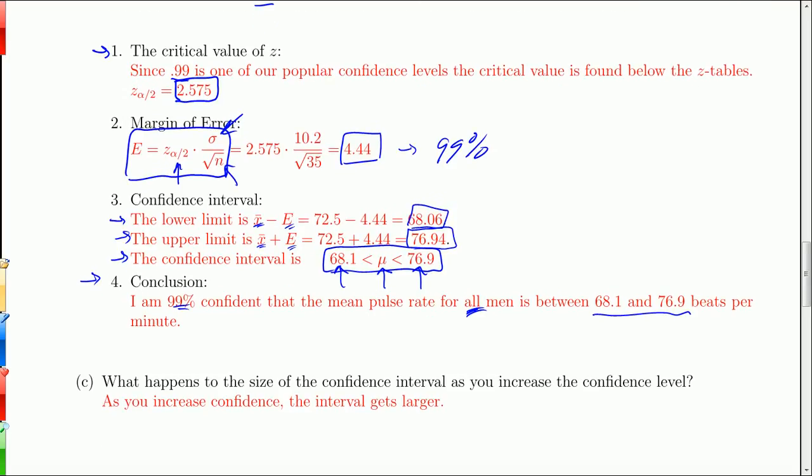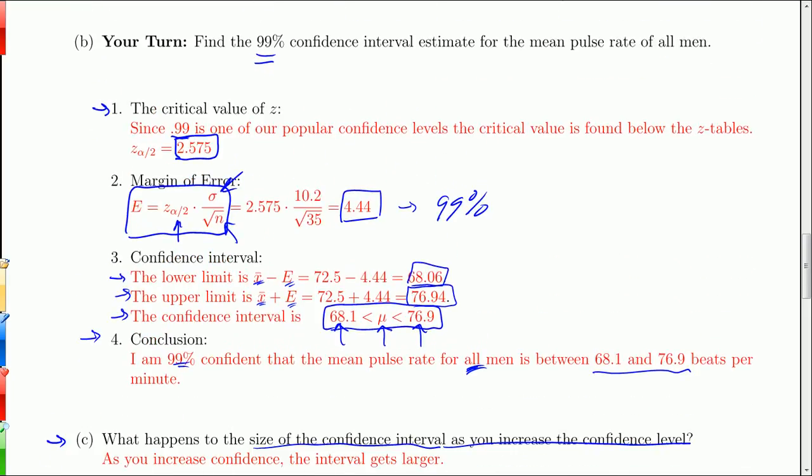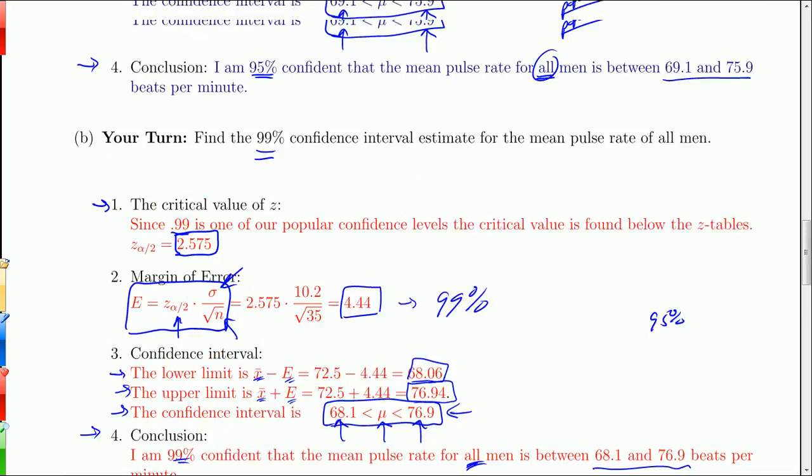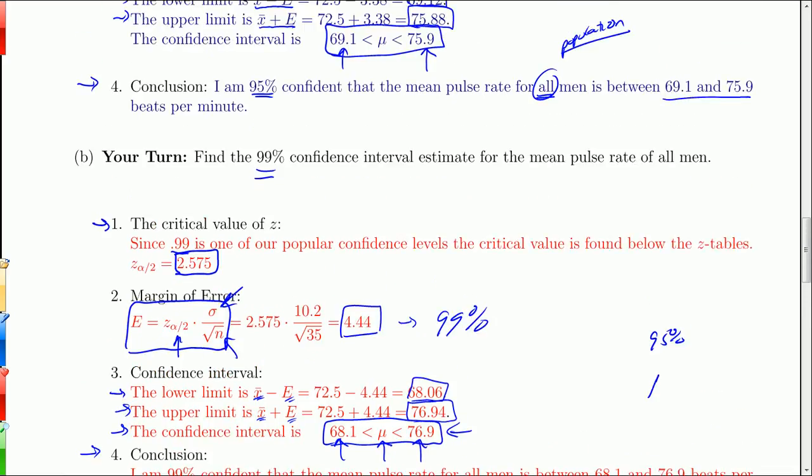I want to draw your attention to part C here. What happens to the size of the confidence interval as you increase the confidence level? Well, notice, at the 95%, so this is our 99%, the 95% interval was mu is between 69.1 and 75.9.